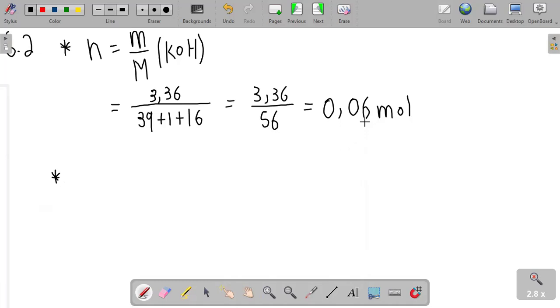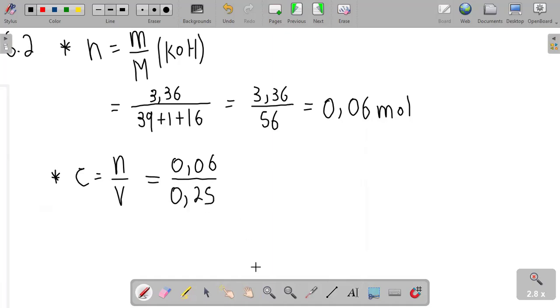So now we can use the formula for the concentration. C equals N over V, because we did find the N now. We use the N that we found, 0.06, divided by the volume, which is 0.25.